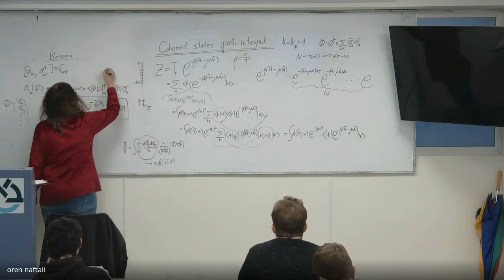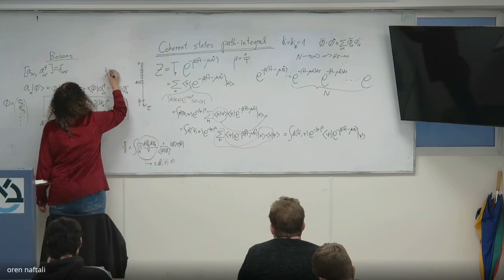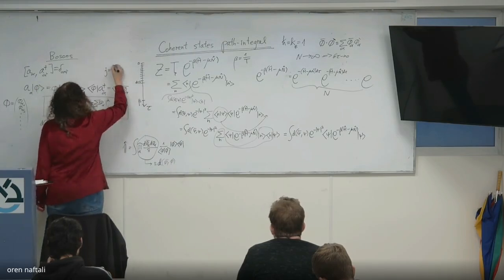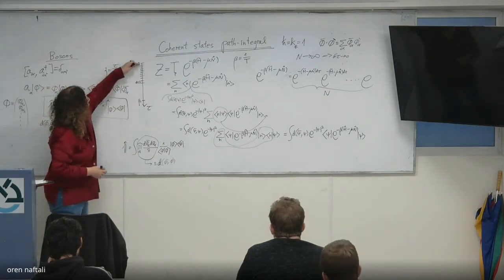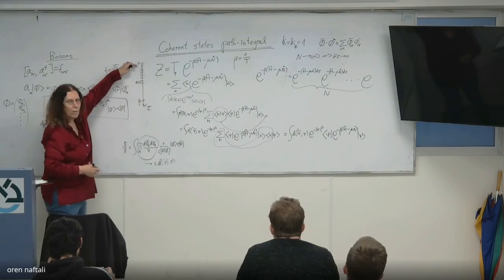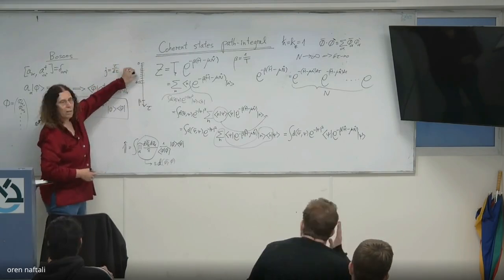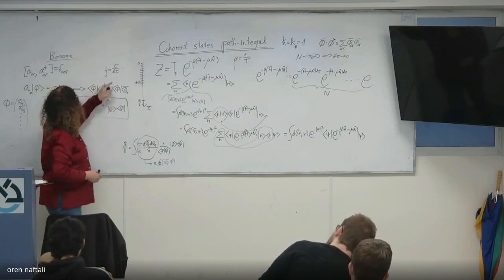Let me actually relate it to, so let's define j to be tau over d tau. Okay, so tau is the continuous variable that goes from 0 to beta in equal-spaced intervals d tau.